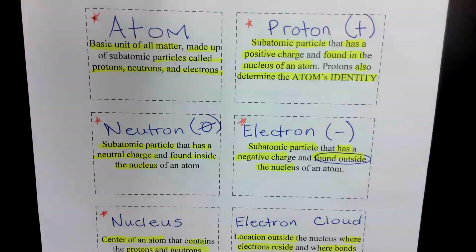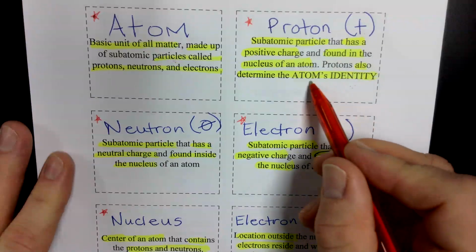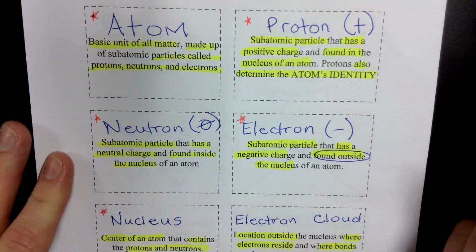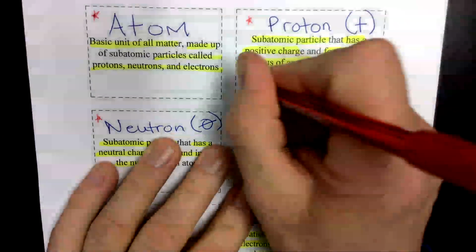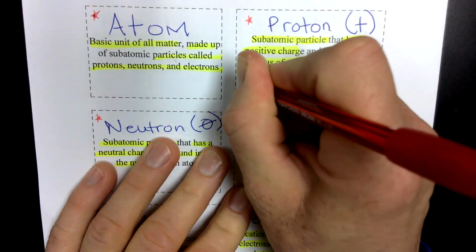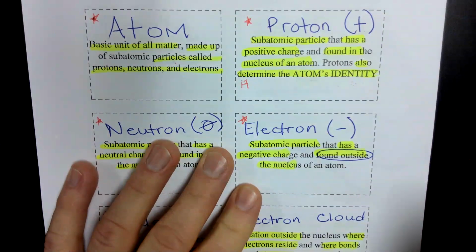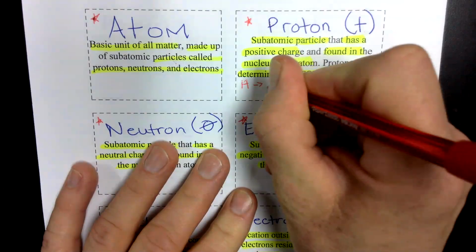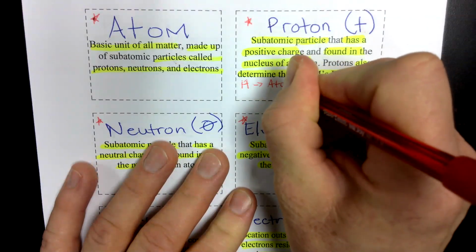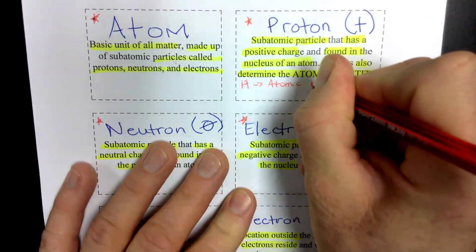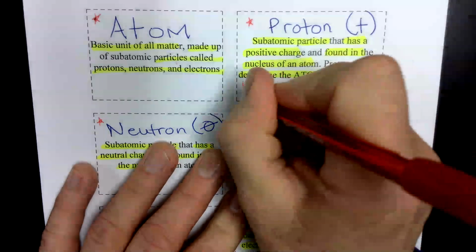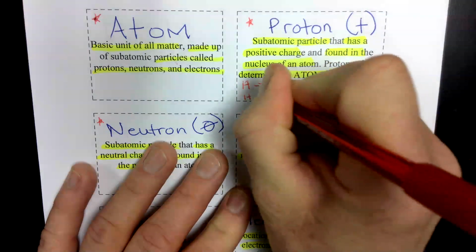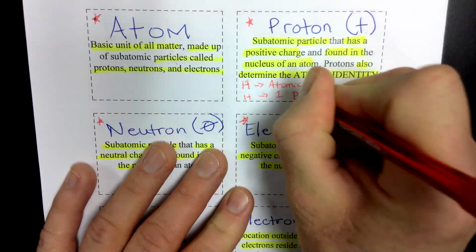What I really want you to understand is that the protons determine the atom's identity. What that means is this. If I told you that hydrogen's atomic number, and you can write this down off to the side, atomic number equals 1, then hydrogen has 1 proton.